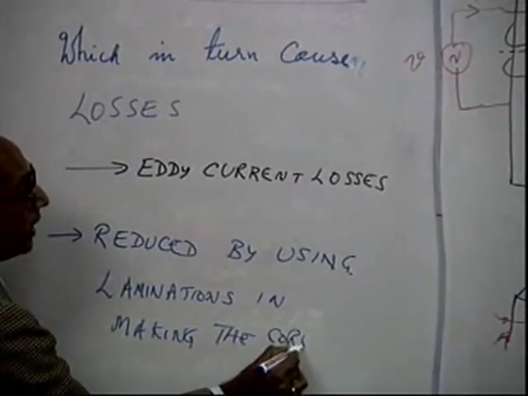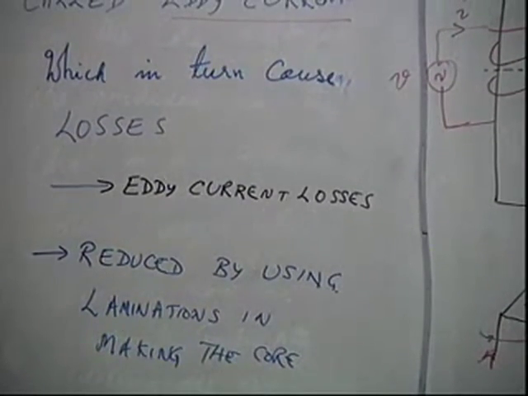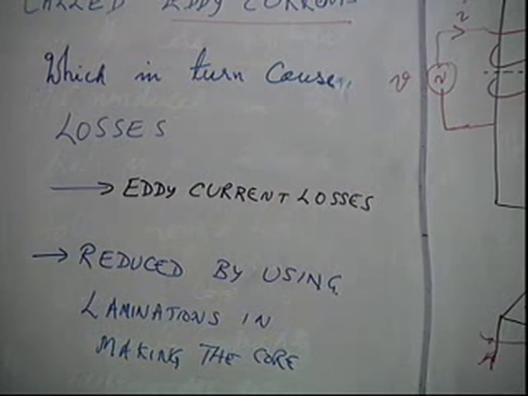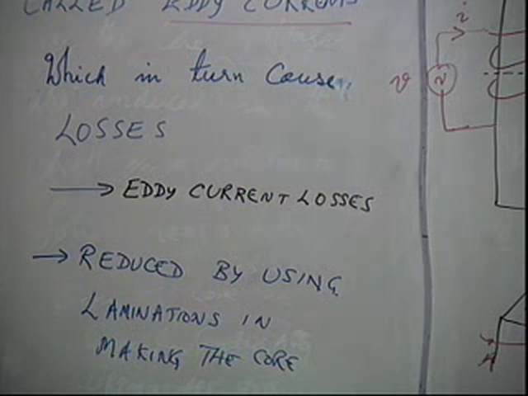Whenever you see an electromagnetic device which carries AC, you will invariably see that the core is made up of laminations. It is not solid iron, but laminated pieces stacked together.